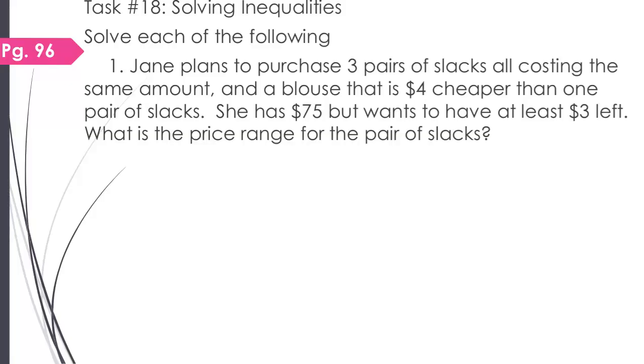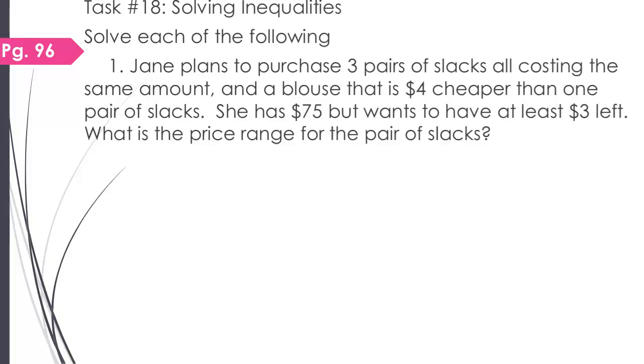So what is the 4? What does that represent? 4 is cheaper than one of the pairs of slacks. What is cheaper? Just one of the pairs. Take a look at it again. No, don't erase yet. But what is that plus 4 represent? A blouse. Now, is the blouse $4 exactly?